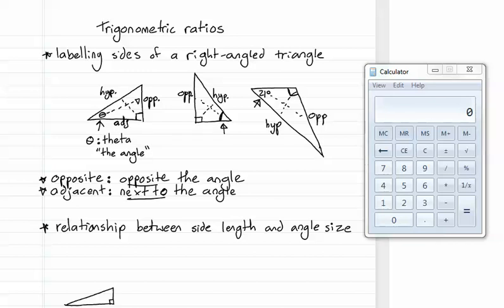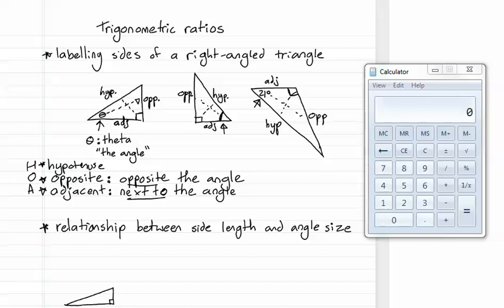In our second triangle, the side touching that angle, and in the third triangle, it's up here. So we've got our hypotenuse, which we already know, the opposite and the adjacent. And we can abbreviate them H, O, and A.